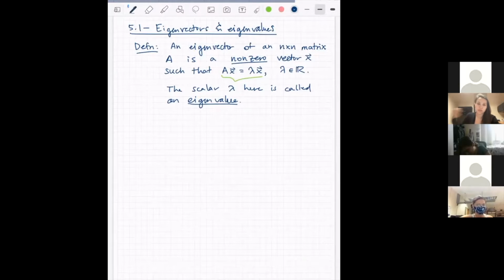Right, and just to emphasize this again, an eigenvector is non-zero by definition.